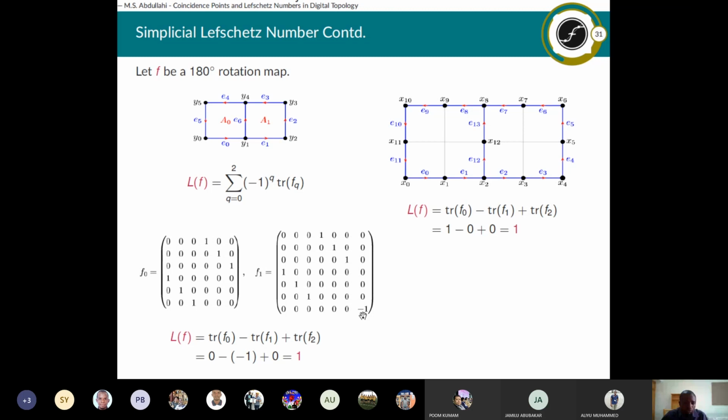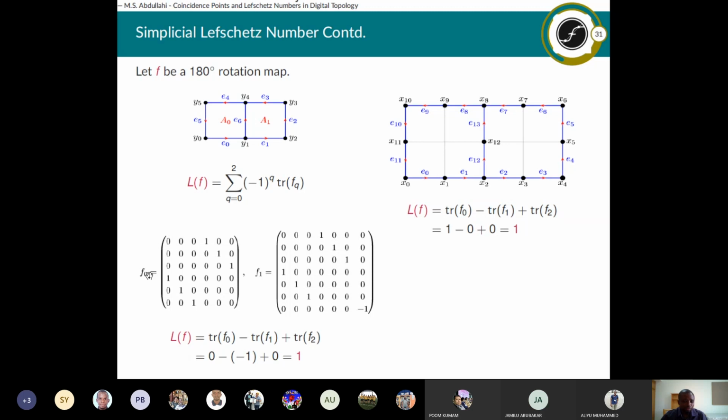And the last one, which gave us -1 here, is this edge. Because the direction of this edge goes upward, but when we do the 180 rotation of the image, the edge will remain, but its direction will change, and that's why we have -1 here.